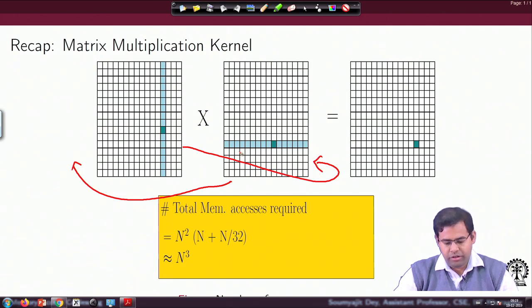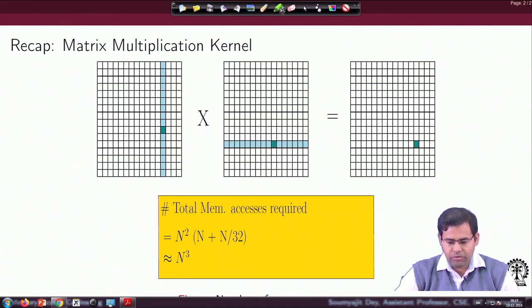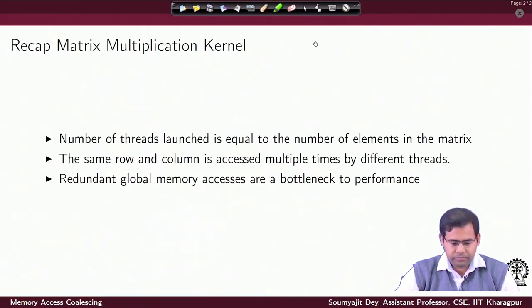Essentially the thread will navigate through the ith row and the jth column, pairwise multiply the elements and add, and finally figure out the output value for the ith row and jth column of the output matrix. This is the usual way we do matrix multiplication.